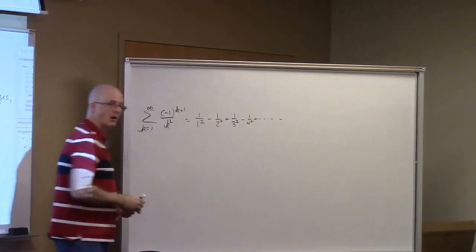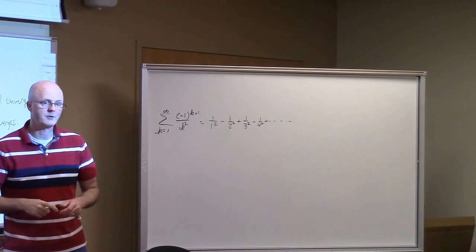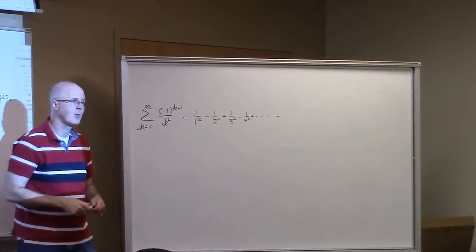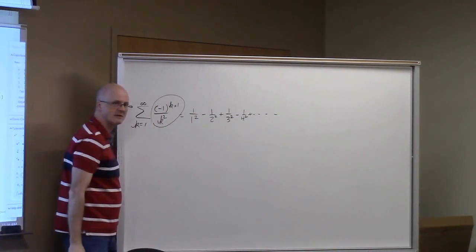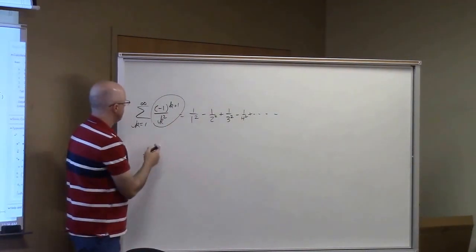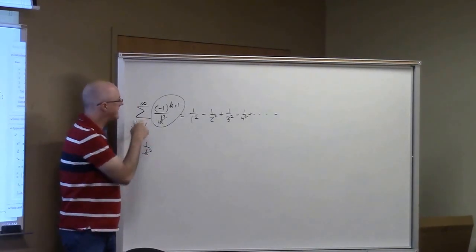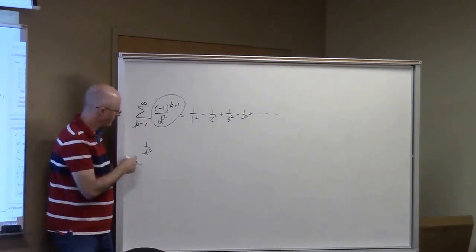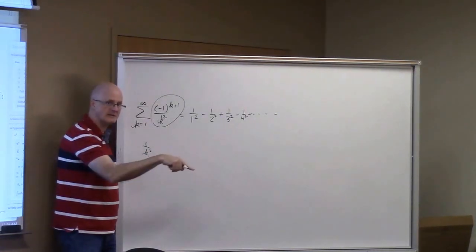Does it converge? The alternating series test implies it does converge. Remember the alternating series test? We talked about that on Wednesday. These are the terms. The expression 1 over k squared without the negative 1 to the k plus 1 power is a sequence that decreases to 0 as k goes to infinity.